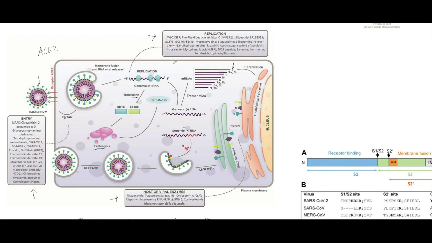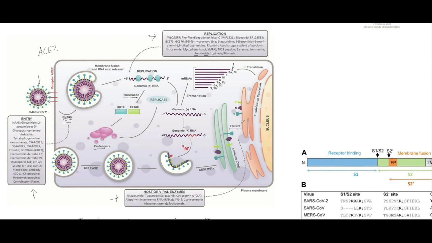Stopping at this replication is where things like, you may have heard of remdesivir as a potential drug to use against coronavirus, and that stops here at this replication stage. But then we can also have drugs that attempt to stop the entry of the virus into the cell in the first place, and we can also target the host enzymes.